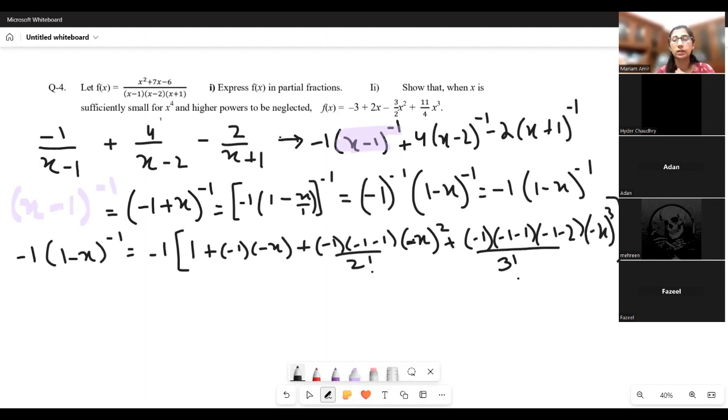This time we go till x cube because it says that you have to ignore x power 4 and higher powers. So x cube tak.